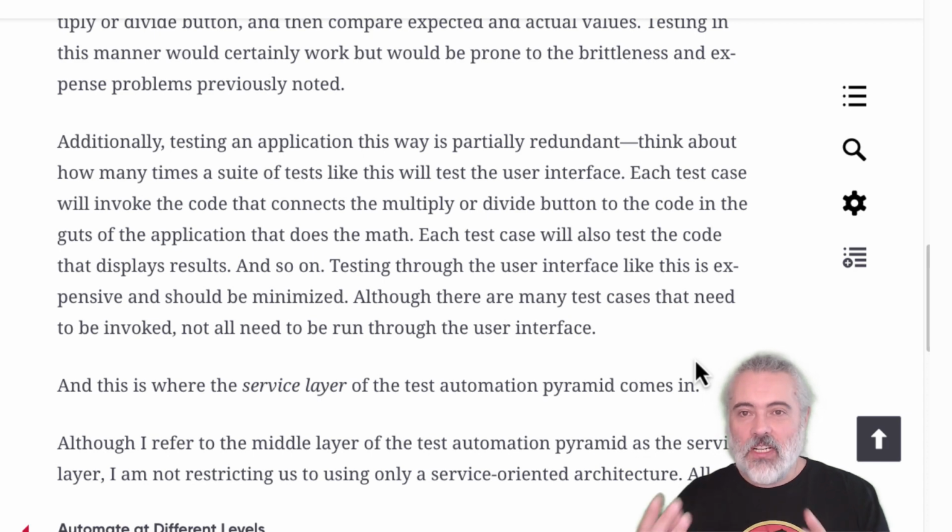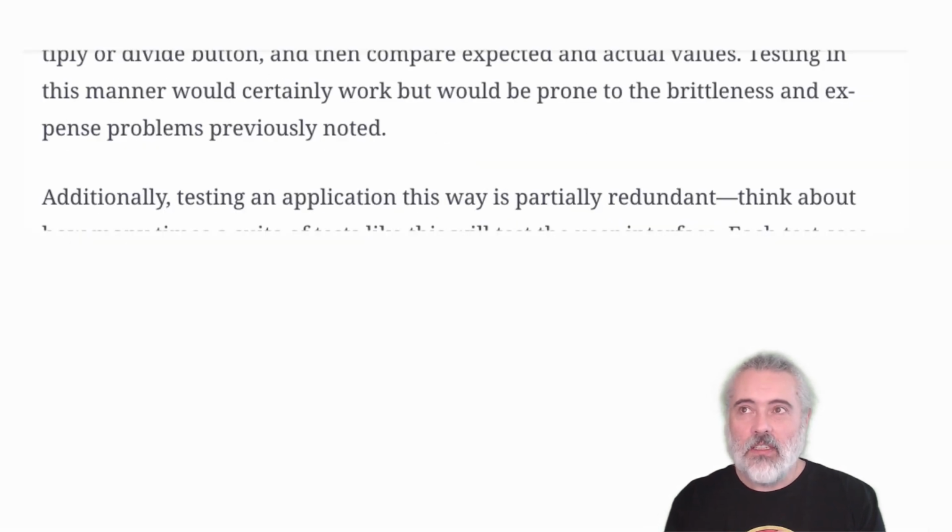Then your service layer, which is very vague and generic, basically says, okay, given I've tested all of this at the bottom, where's the most effective way for me to test the interaction between these units? How can I test that these things work in combination? And when you're testing that they work in combination, you're no longer trying to achieve full coverage because you've achieved that at the unit level. You're trying to achieve the coverage of the interface and address the interface risks.